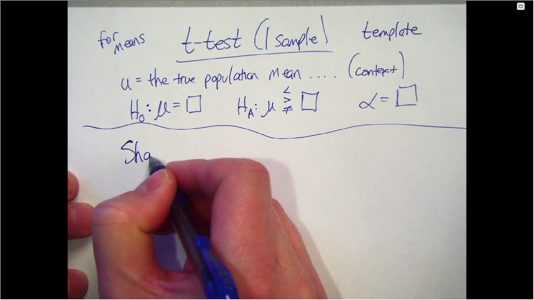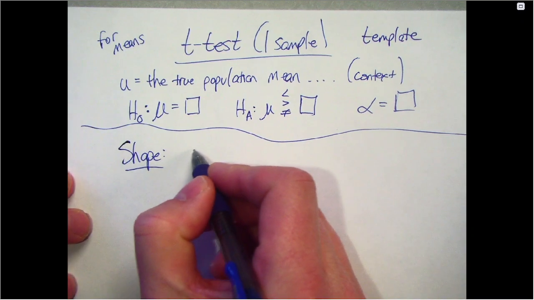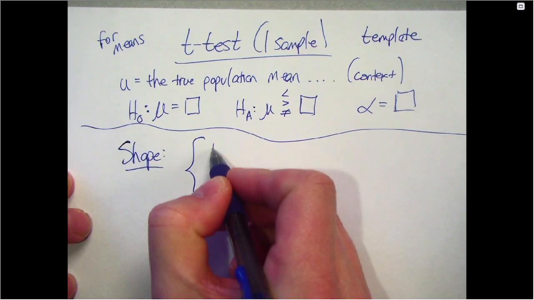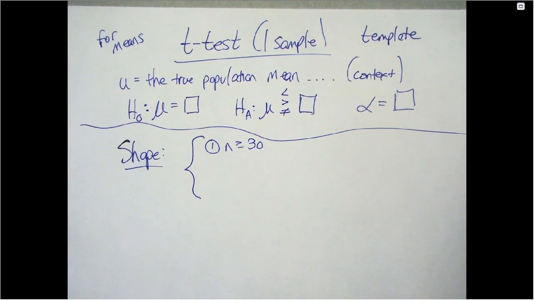So then shape, center, spread. So shape is a little bit more involved in this one than it is in the proportion ones. There's 3 things that you could have, and if any one of these is true, you're okay. So 1 would be n is greater than or equal to 30. So you look for that first.